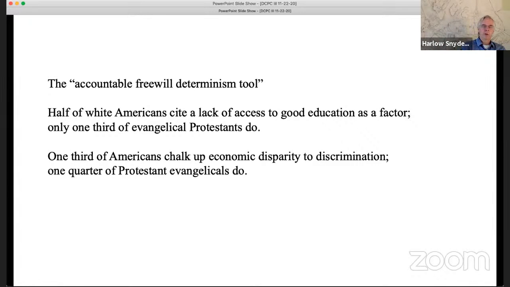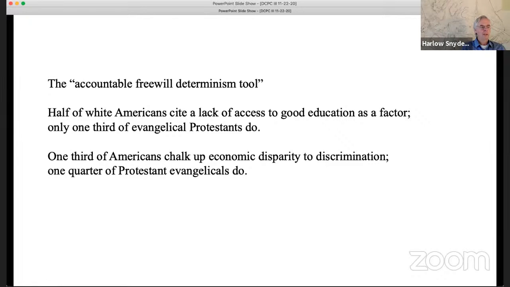Only a third of evangelical Protestants were willing to admit to that. So two thirds are looking for other explanations. That's a statistically meaningful difference between white Americans at large and white evangelical Protestants.